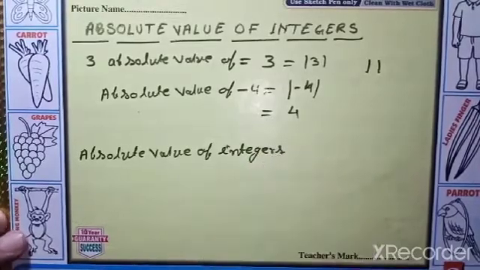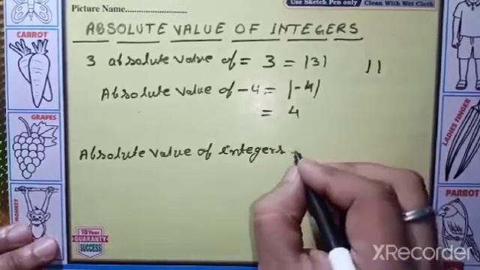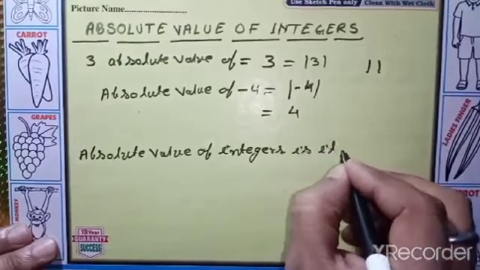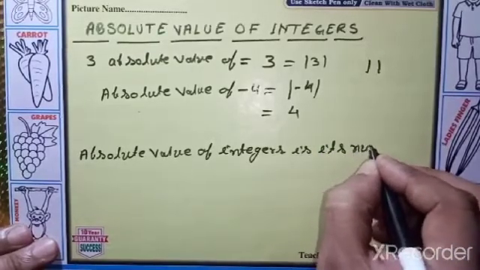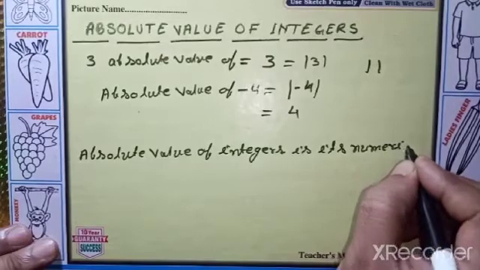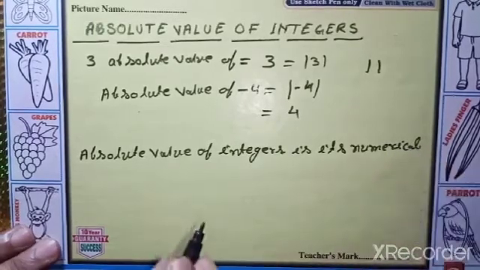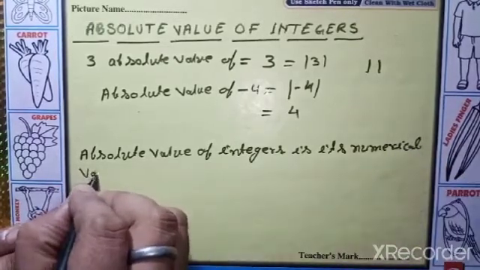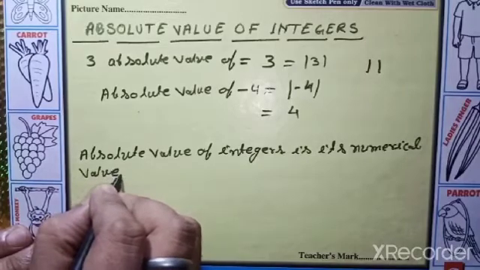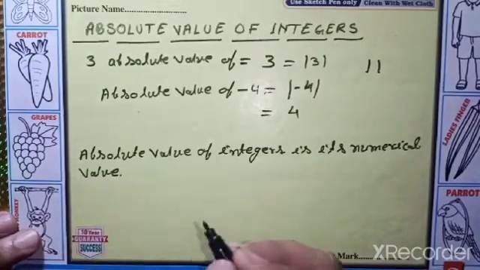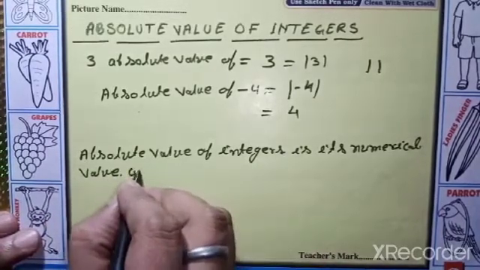So the absolute value of an integer is its numerical value without taking any sign.